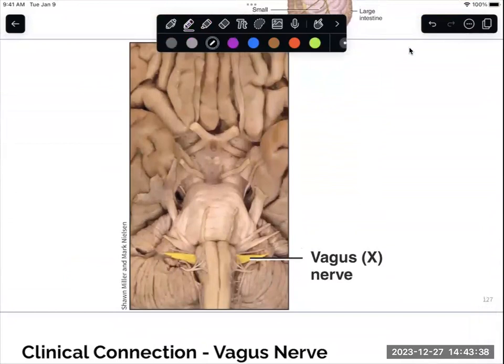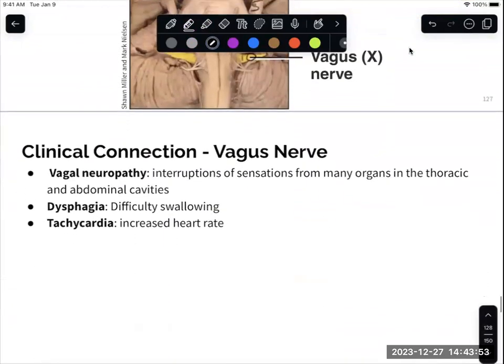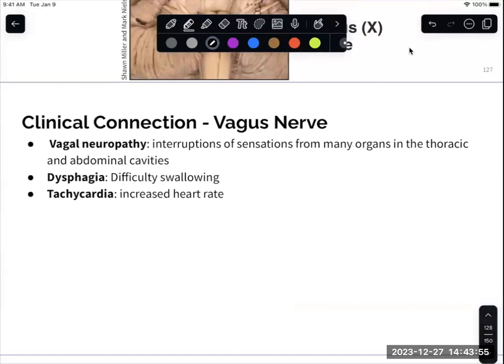If we count it out, 1, 2, 3, 4, 5, 6, 7, 8, 9, 10. 2 more to go. Vagal neuropathy. This is where sensations from the different organs are not coming in.